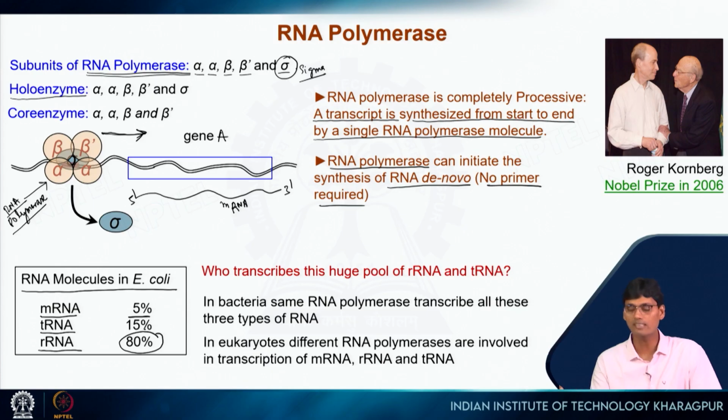Here is an interesting fact. During the replication class I mentioned that Arthur Kornberg received the Nobel Prize because of his contribution in understanding the process of replication. So, he is Arthur Kornberg here, and here you can see Roger Kornberg, who is the son of Arthur Kornberg, and he contributed a lot in understanding transcription.